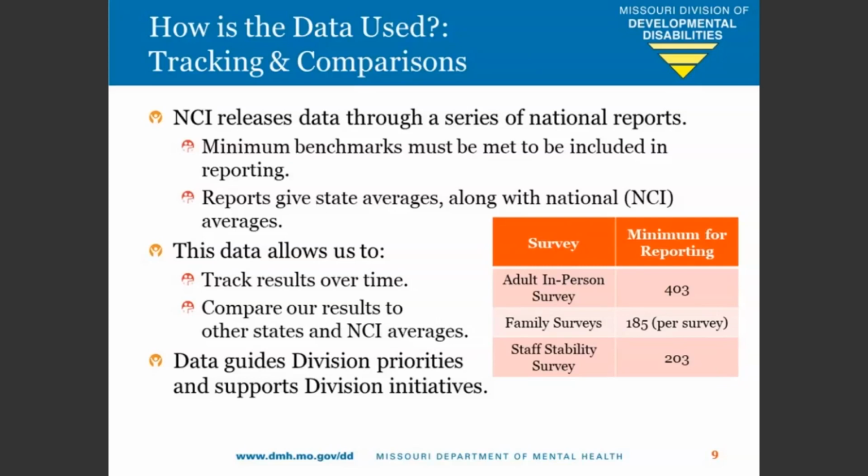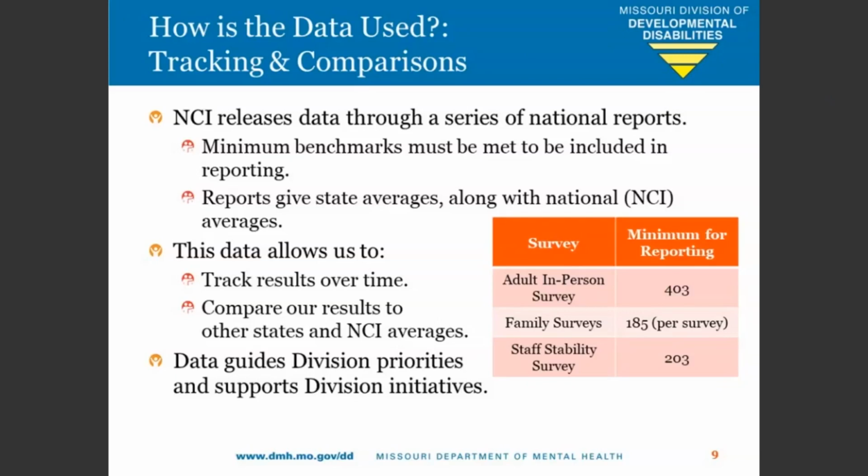So to be included in their national reports, we must meet their minimum benchmarks, which are listed here in this box. We've already kind of talked about them: for the adult in-person survey, we have to have 430 by the end of the survey year to be included in national reporting.